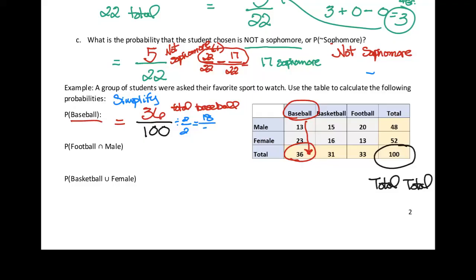And 100 divided by 2 is 50. Wait a minute, those are both even also. So we can divide by 2 again. 18 divided by 2 is 9. And 50 divided by 2 is 25. So yes, we will take 36 over 100, but this is the better answer.